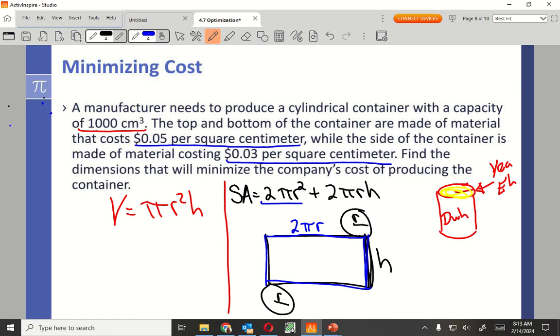Now let's start thinking about this. If I'm minimizing this, what shape do you think this one's going to end up being? Which one has a minimum? Up. There you go. So it's a parabola up, right?